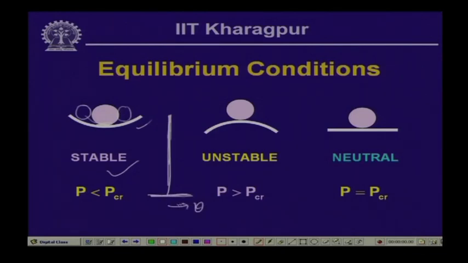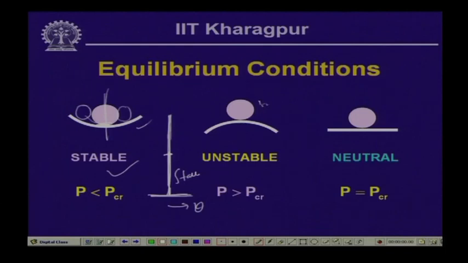If we say this is theta, that means in a stable form, once you deform it, if you add some disturbance to the member and bring it back, it will come back to the perfectly vertical position, and this is a stable state.